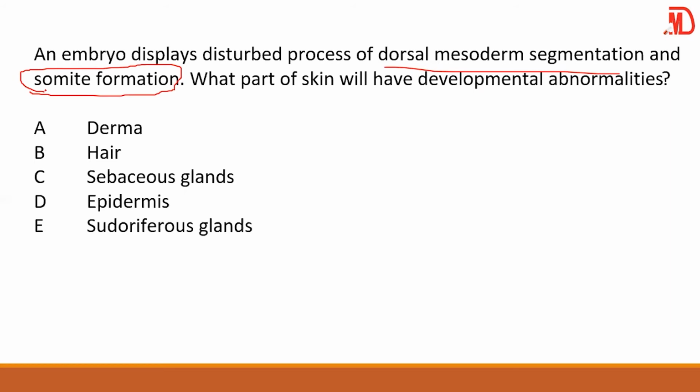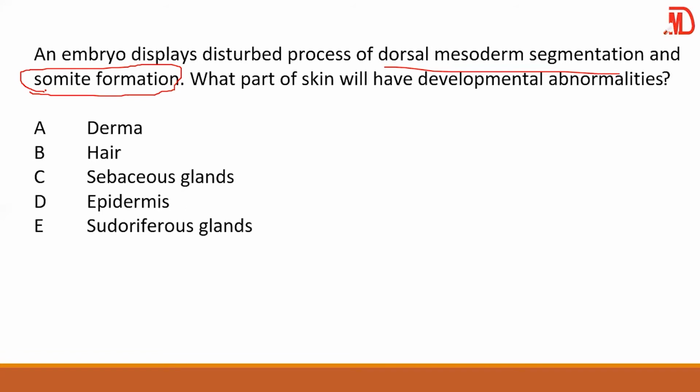Somite divides to help in the formation of tendons, cartilage, bones, and also muscles, and then dermatomes. So that is the function of the somite. Tendons, cartilage, bones, myotomes or muscles, and then dermatomes or dermis.